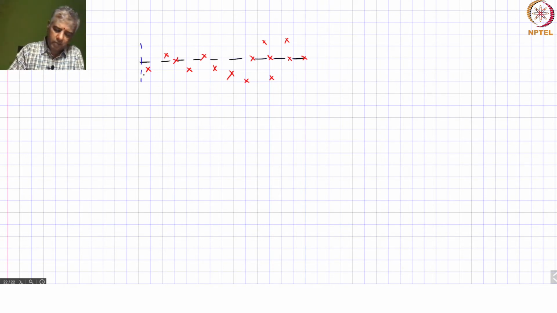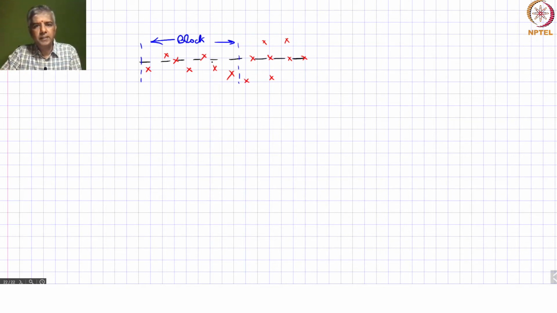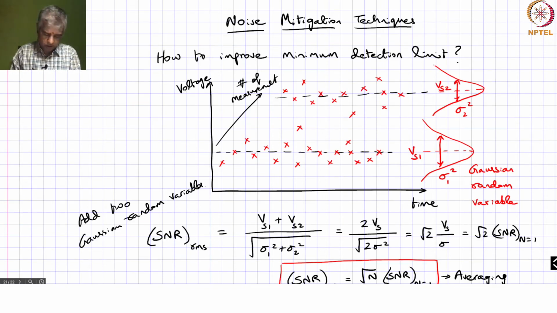So you say, okay, I'm going to take a block of so many samples, and across this block I will do an addition. If I do that, and the mean value remains the same, then it's the same expression that we saw over here.